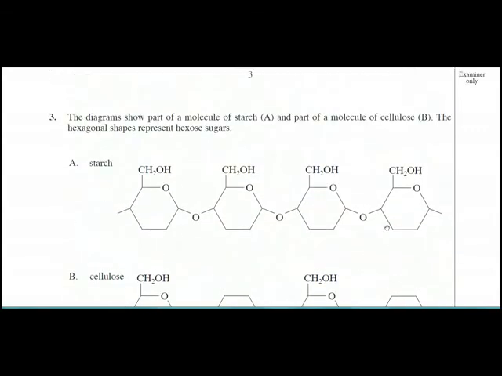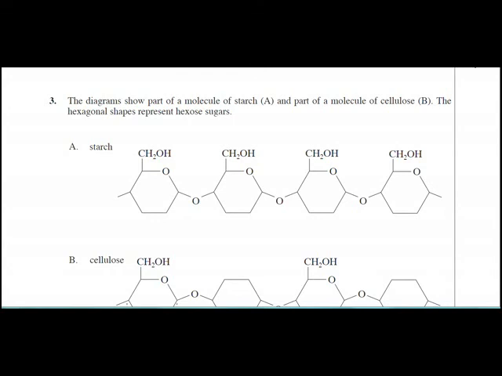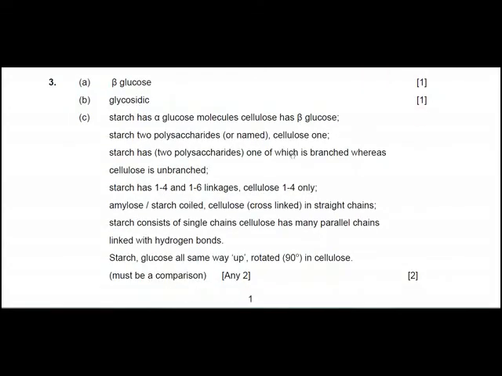If we have a quick look at the mark scheme, okay, so there it is. Part A, beta-glucose. The next one is glycosidic. Now, part C, as I told you earlier, there were a lot of options that the examiner would allow for the structural differences between starch and cellulose.